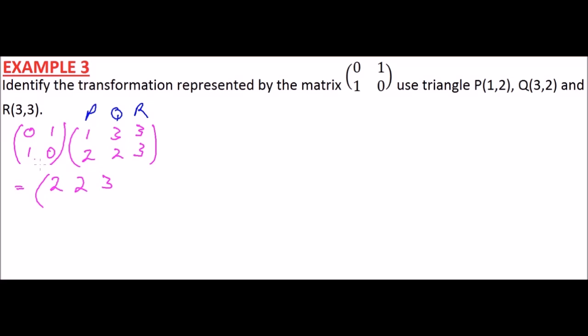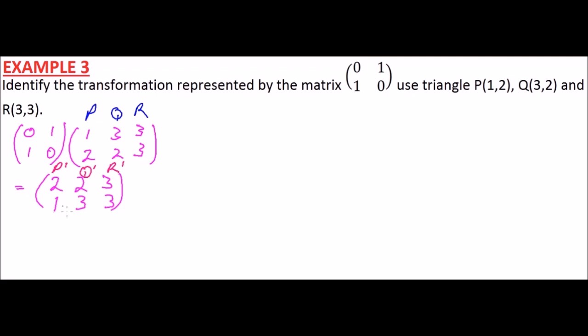We come to the second row. 1 times 1 is 1, 0 times 2 is 0, so 1 plus 0 is 1. 1 times 3 is 3, 0 times 2 is 0, so you end up with 3. 1 times 3 is 3, 0 times 3 is 0, so 3 plus 0, you get our matrix. Note, this is the image of P, the image of Q, and the image of R.